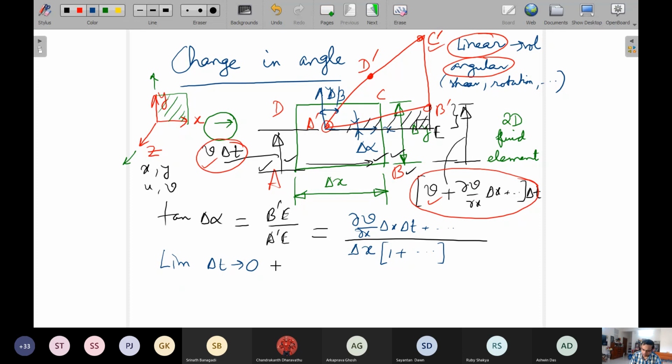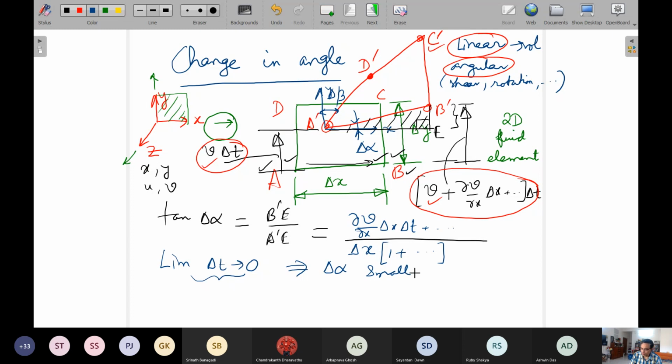So the instantaneous scenario means delta t tends to 0. When delta t tends to 0, the fluid may in the end undergo large deformation, but if you allow very small time, it cannot be large deformation. It has to be small. So when you say delta t tends to 0, you will have delta alpha small.